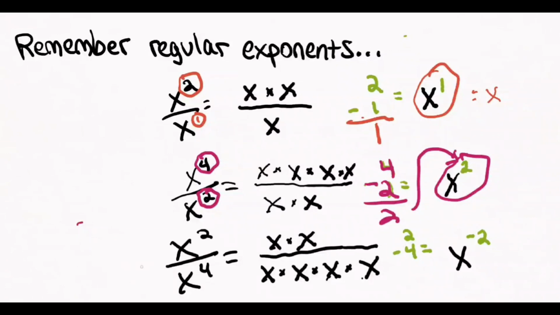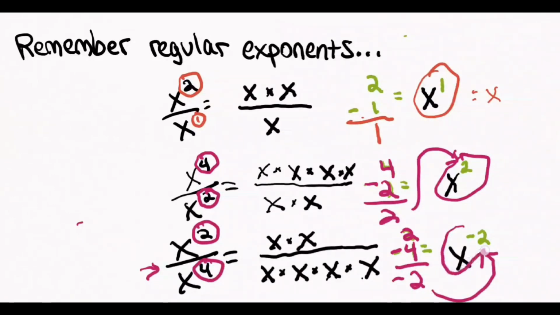And now let's take this one down here again. Here's a 2 up here, there's a 4 down there. So what's 2 minus 4? Ah, wait a minute, that seems weird. No, don't panic, just think about it. What is 2 minus 4? Doesn't that give us a negative 2? Sure does. So that's what the answer is, x to the negative 2.